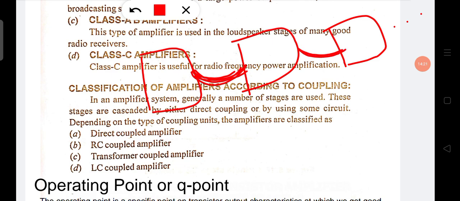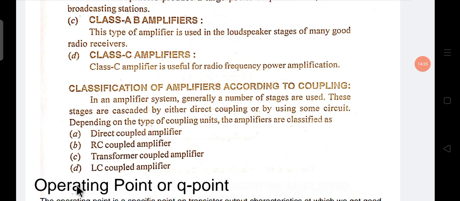This connection is called coupling. Based on the coupling, a number of stages are used and cascaded either by direct coupling or by using some circuit. Depending on the type of coupling, the amplifier is classified as a direct coupled amplifier, RC coupled amplifier, transformer coupled amplifier, and LC coupled amplifier.